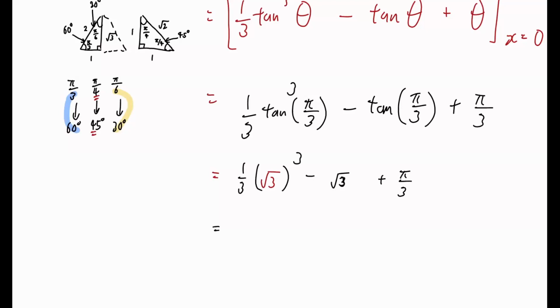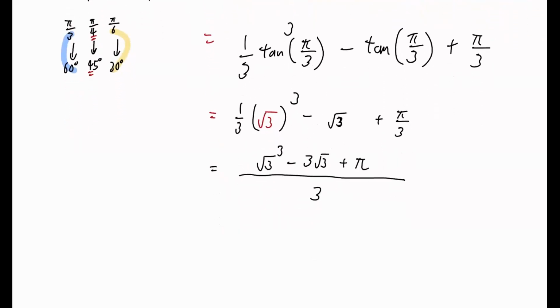Here you can't really simplify much. Maybe I'll combine into one huge fraction, all over 3. This is root 3 power 3, this is 3 root 3, this is plus pi. If you want, you could factor out root 3, you get root 3 times (root 3 squared minus 3) plus pi.